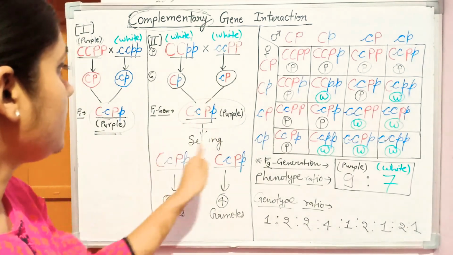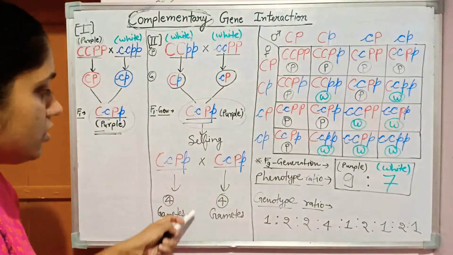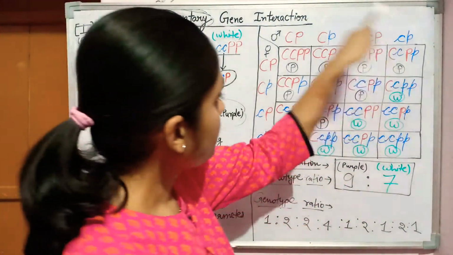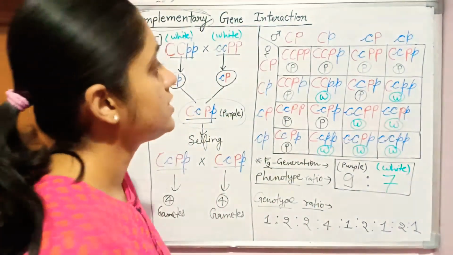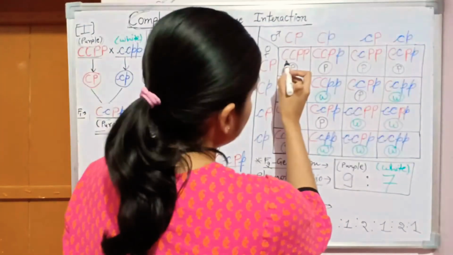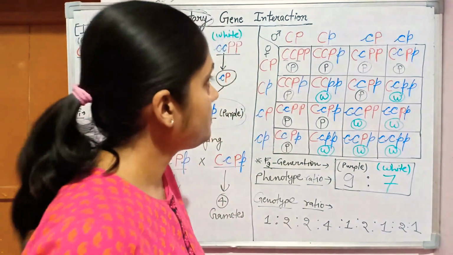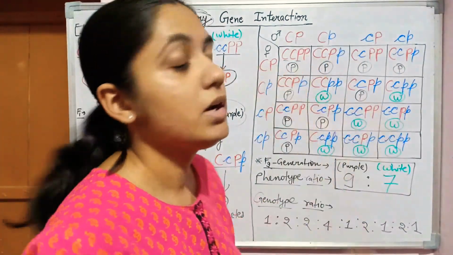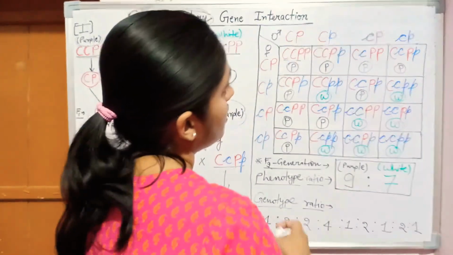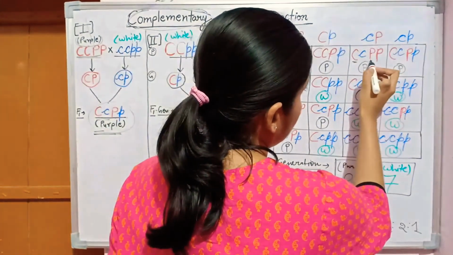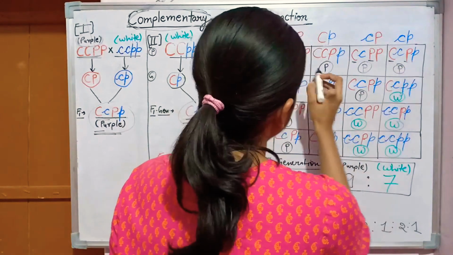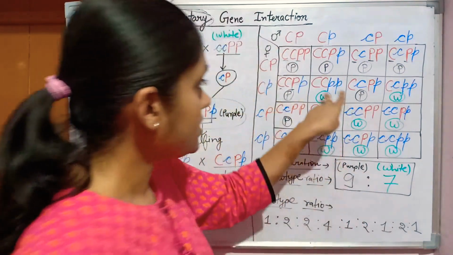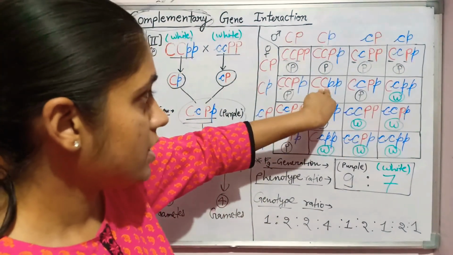Then we get this F1 generation, and after this we do the selfing and form this checkerboard. In this checkerboard you can see that if capital P and capital C are present in one genotype, then purple color flowers are produced. Here this is also purple because both are present. But here two dominant alleles are present and it is white.